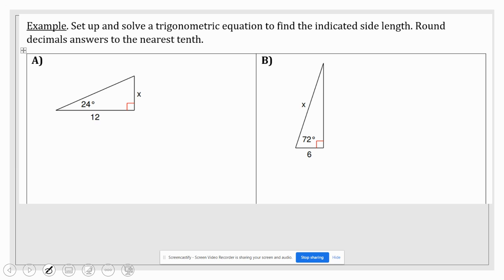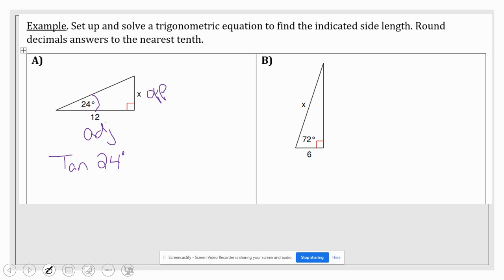Example A. We have 24 degrees as our angle. That makes the x the side opposite and the 12 the side adjacent. Opposite adjacent, OA, that's tangent. And instead of just having tangent theta, we know that theta is 24 degrees.